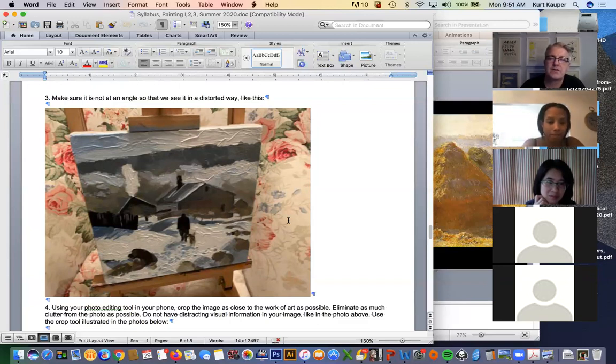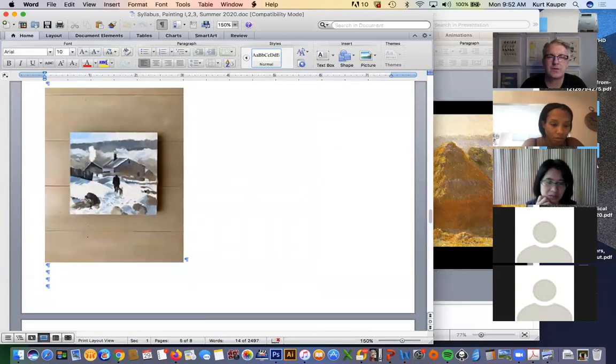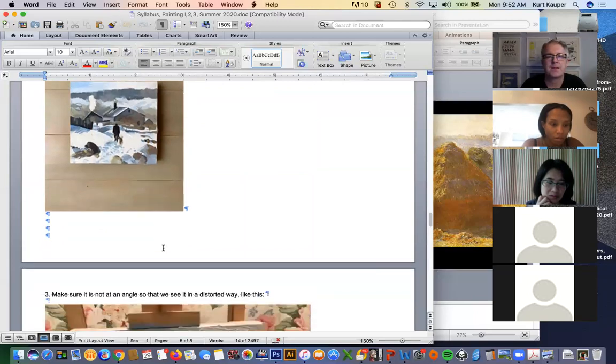That's so that I can see your painting, but also you want your work to show its qualities to its best advantage. You don't want the painting you're submitting for grading to be confused by all this stuff around it. And you don't want it to be confused by this distorted angle, right? So again, photograph the painting so it's square, as best you can do, at least.